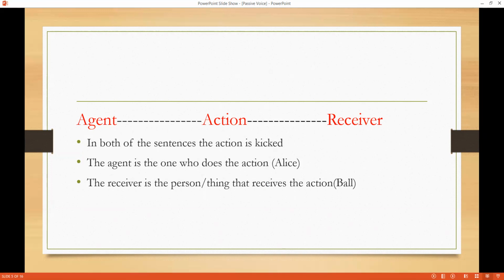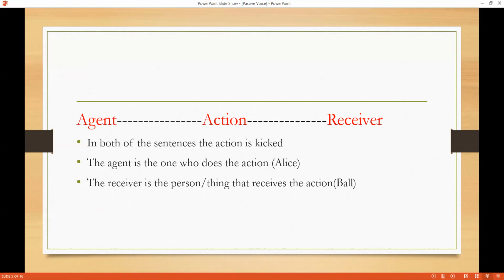The agent is the person or the thing that does the action, and that is Alice in both of these sentences. The receiver is the person or the thing that receives the action. In this case, it's the ball that receives the kick. So the receiver is the ball.